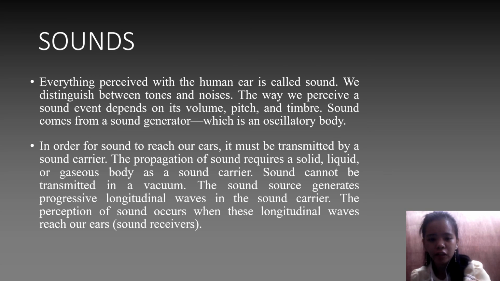The propagation of sound requires a solid, liquid, or gaseous body as a sound carrier. Sound cannot be transmitted in a vacuum. The sound source generates progressive longitudinal waves in the sound carrier. The perception of sound occurs when these longitudinal waves reach our ears.